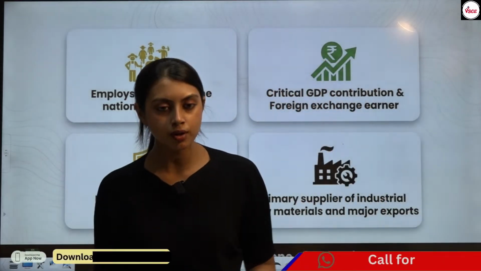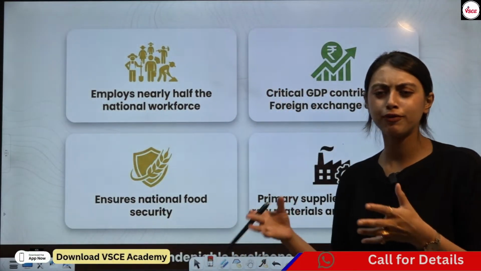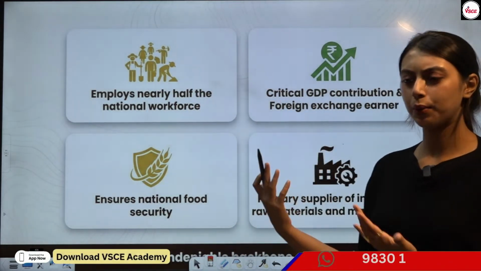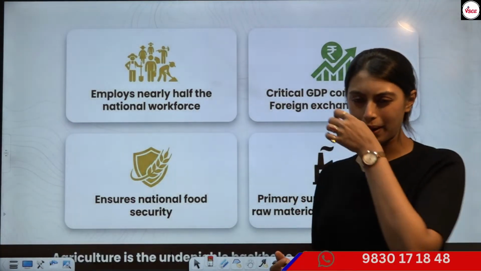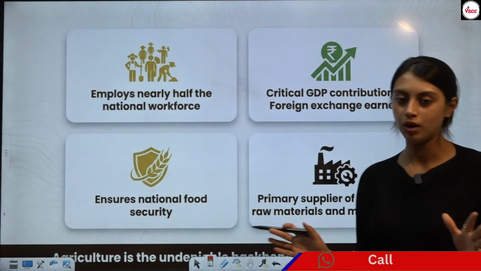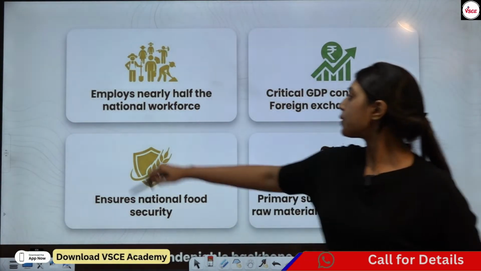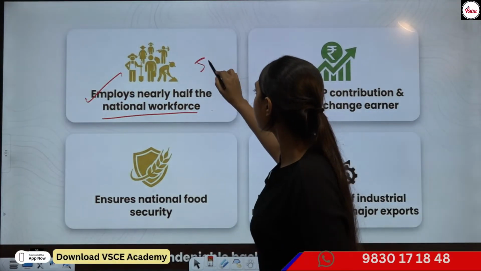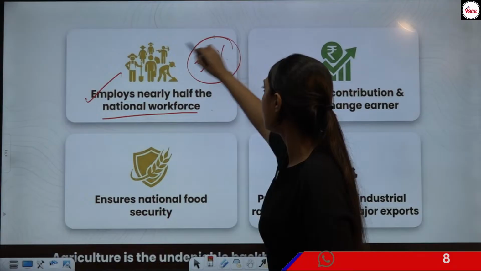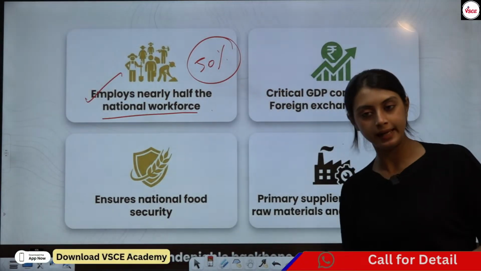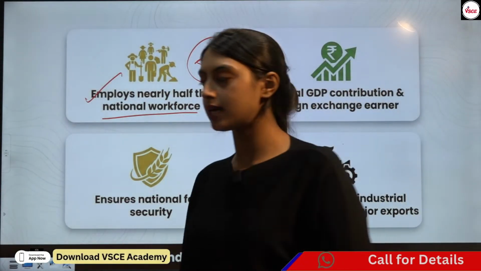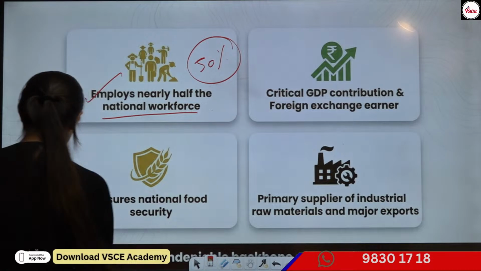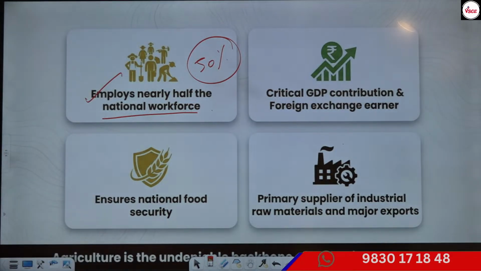It's like a revision, and then we are going to read about a few crops like rice and wheat in a very comprised manner, not a huge thing to study right now. It employs nearly half the national workforce. I told you that 50% of the workforce of India is invested in agriculture. We have already discussed this. There is nothing new to talk about it, right?